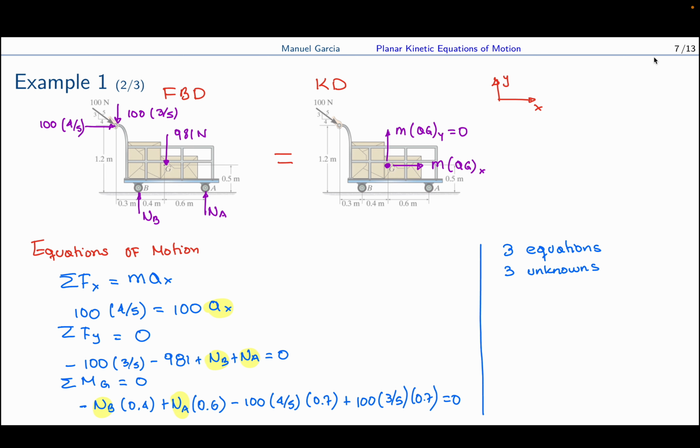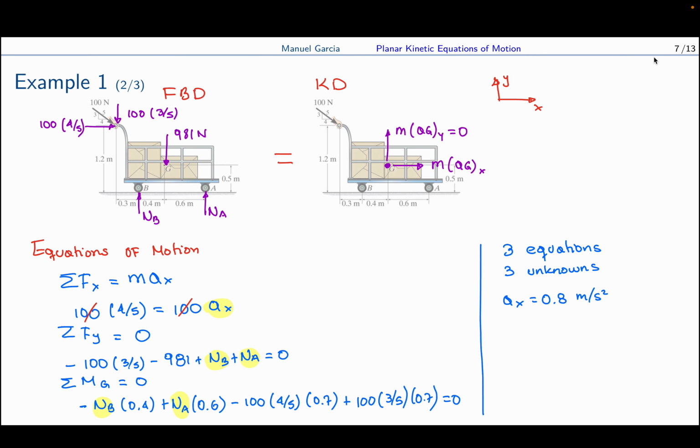So from the first one, we can solve for the acceleration in x, and so we can conclude that the acceleration in x, so this 100, this 100 and 100 cancel, so the acceleration of x is 4/5 or 0.8, and this is meters per second square.